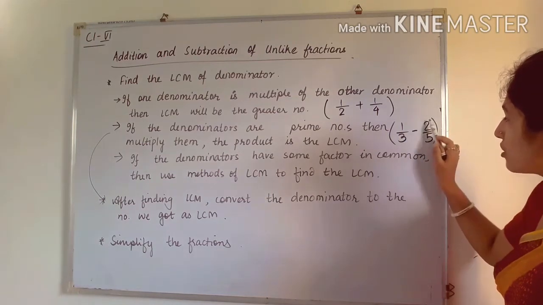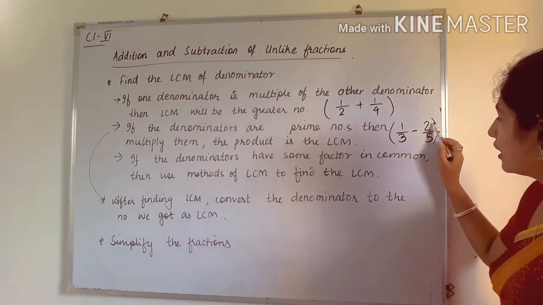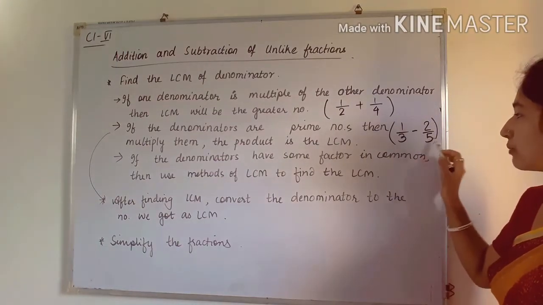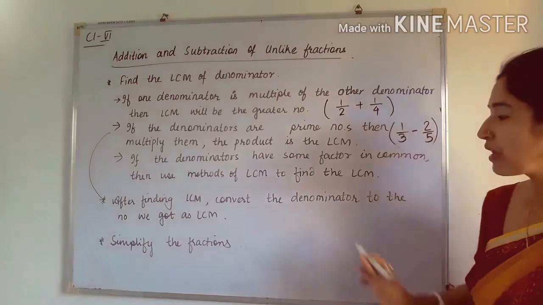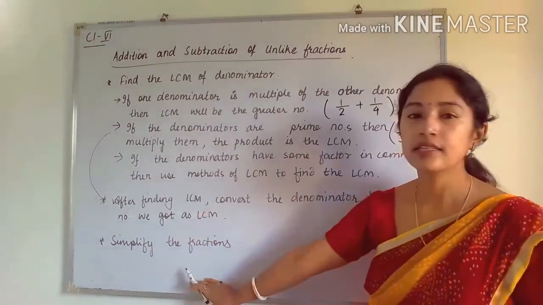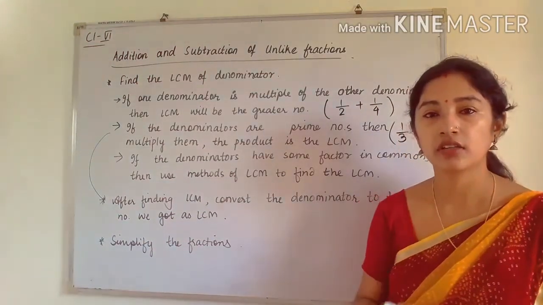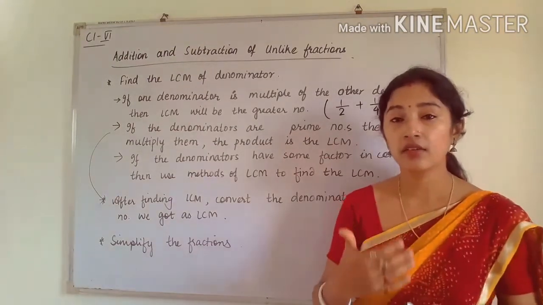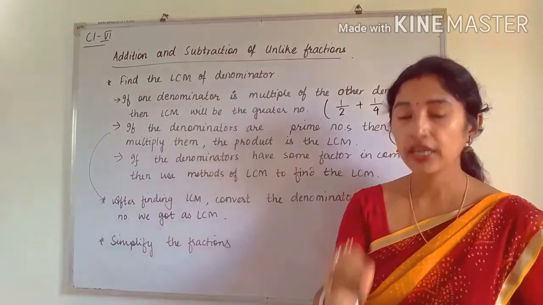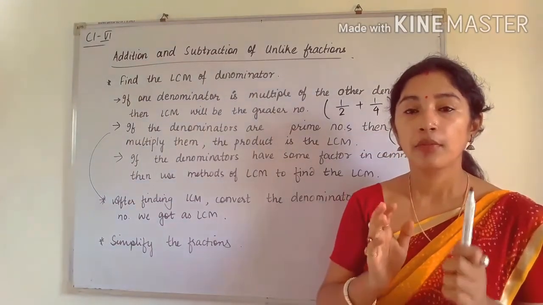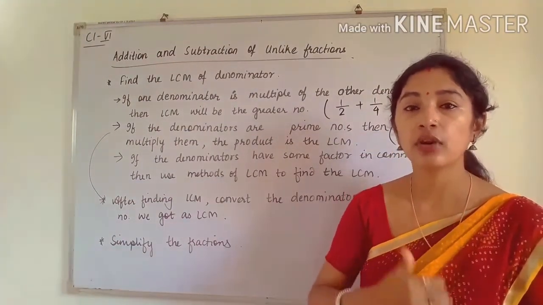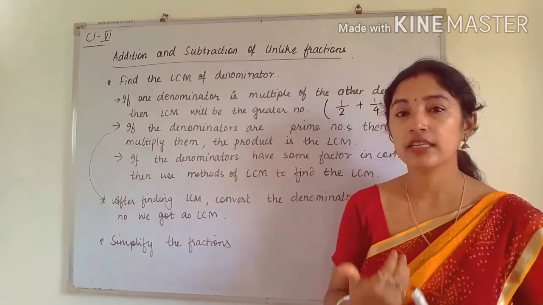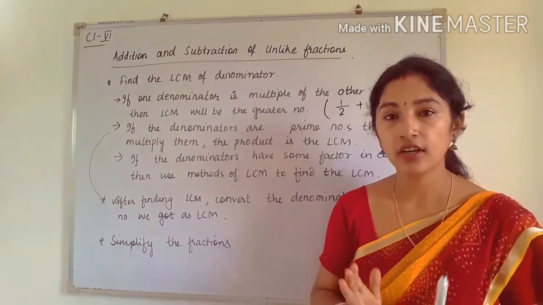Similarly, in the second fraction we multiply by 3 in numerator and denominator, so that the two fractions become like fractions. Our main aim is to change the fractions into like fractions, because if they become like fractions, then we can easily add or subtract them.